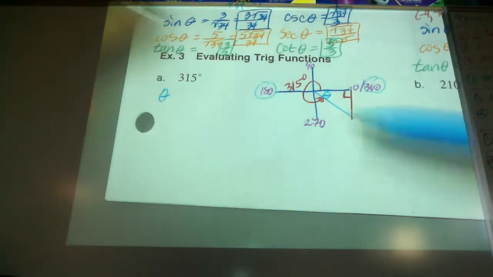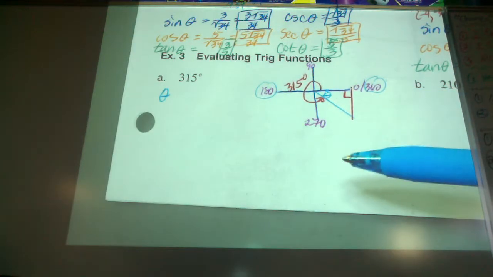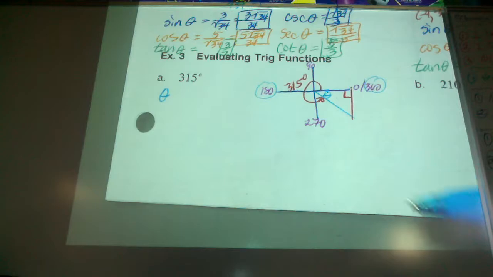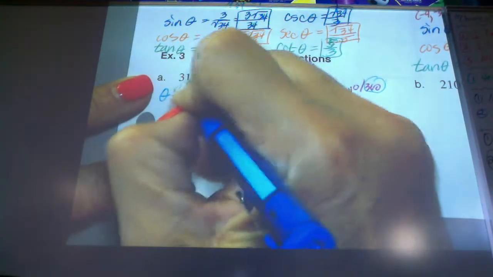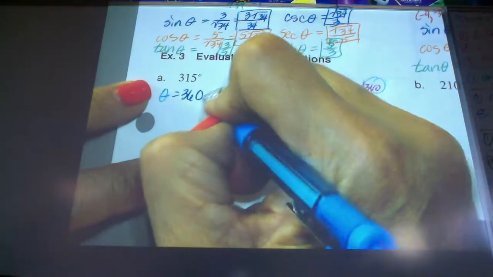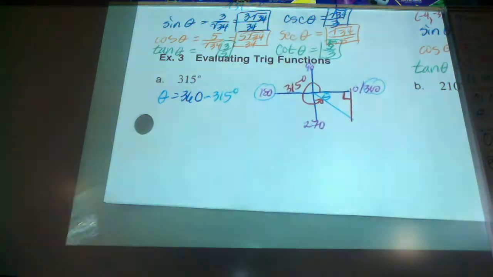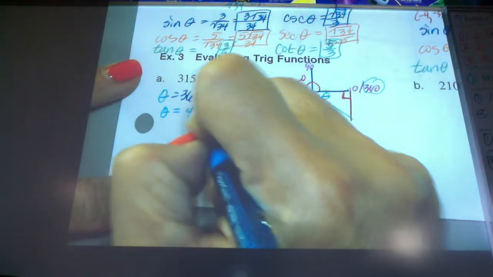Even if this angle here is negative, our reference angle will always be positive. So I'm going to take 360 degrees because it's bigger than 315, and I'm going to subtract from that the 315 degrees. What do I get? So theta is equal to 45 degrees.